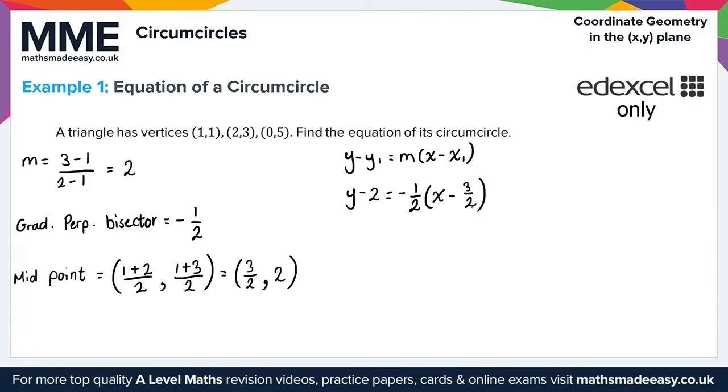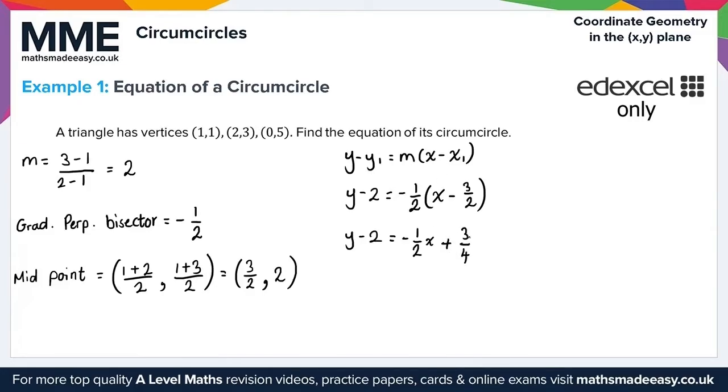Now this is just a matter of simplifying, and we want it in the form y equals mx plus c. So for now, let's leave the left hand side and simplify this right hand side. So that would be y minus 2 equal to minus a half x, just multiplying this bracket out here, and minus a half times minus 3 over 2 will give us positive 3 over 4.